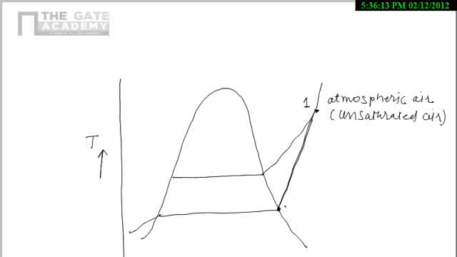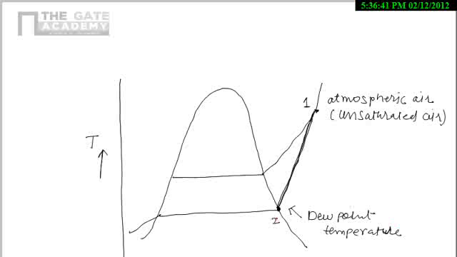According to the definition of dew point temperature, if we cool a mixture of dry air and water vapor at constant pressure, the point at which it starts condensing is called the dew point temperature.